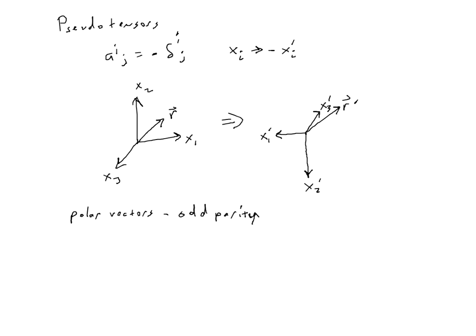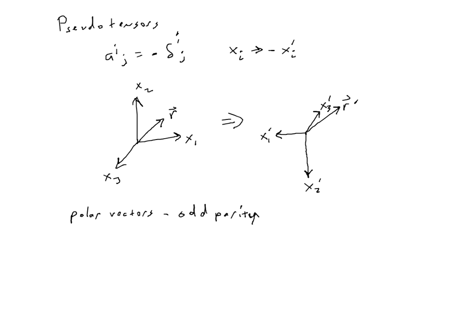Because if you think about it, let's suppose r was just pointing along the x direction, and then we flipped all the coordinates. Now r is pointing along the negative x direction. And so the value of r has flipped because of the flip in the coordinate system. That's normal odd parity. That's what you expect to happen. And so that's the definition of a polar vector.